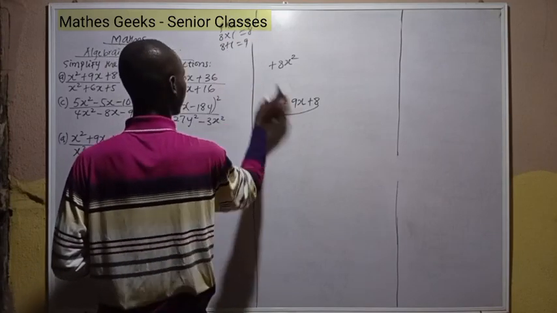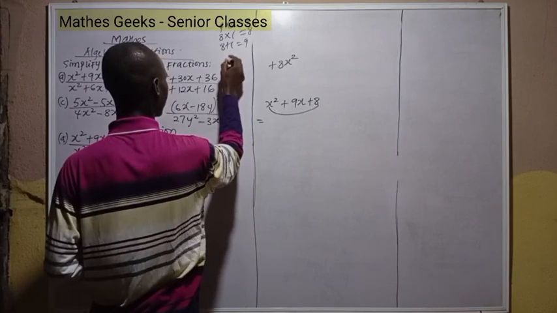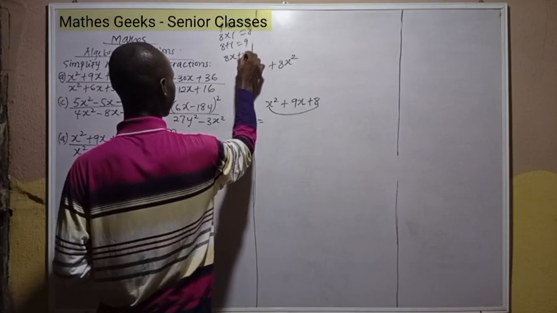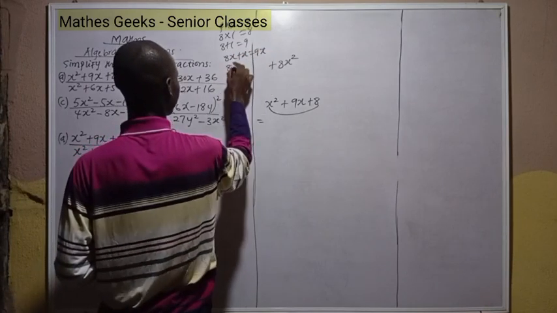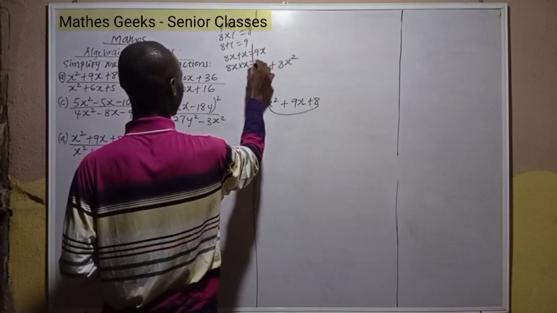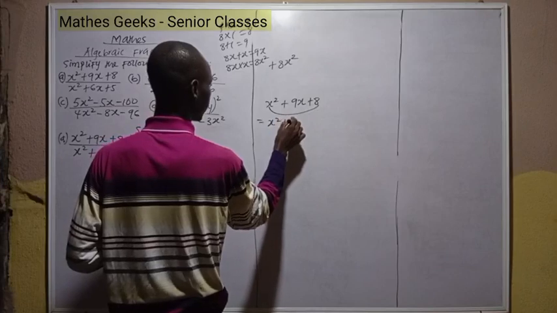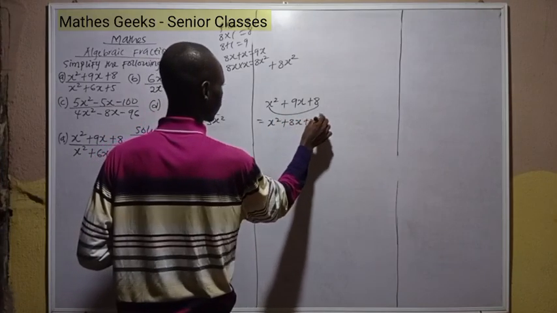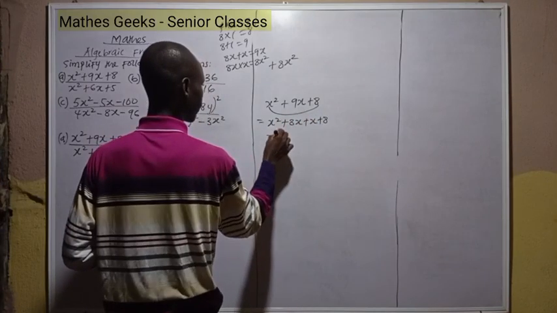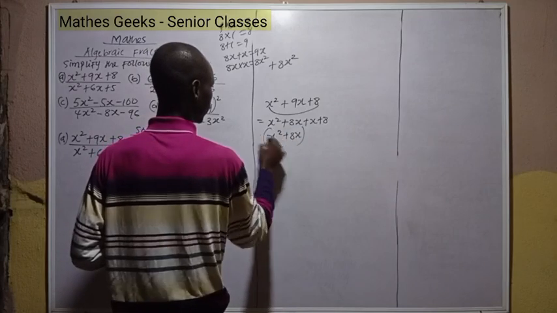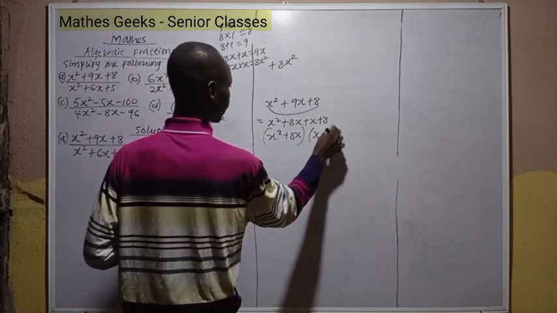So if we put our variable, this will give us 8x plus x to give us 9x, and 8x times x to give us 8x squared. So that's it. So x squared plus 8x plus x plus 8. So x squared plus 8x and x plus 8.